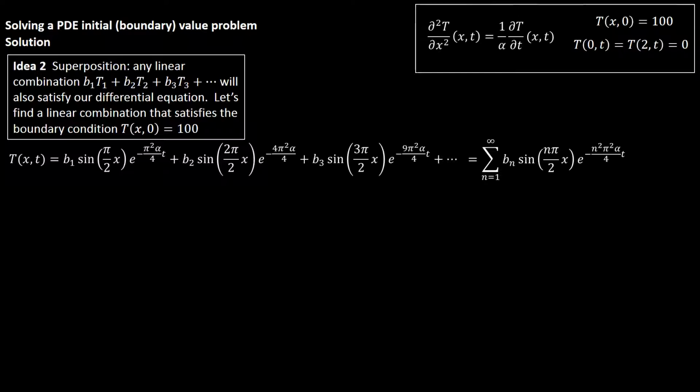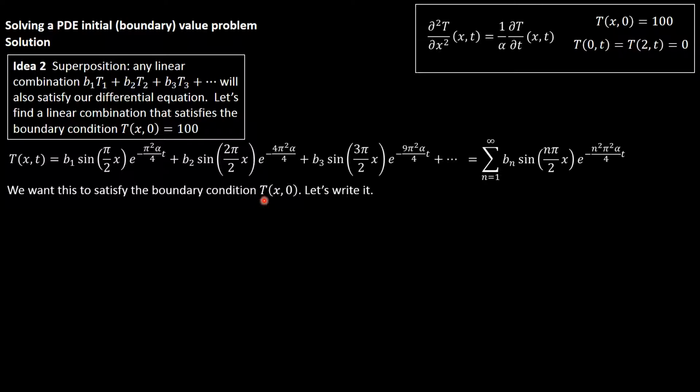Well, how does that work? First of all, let's take this whole sum and write it in summation notation: b sub n sine of n pi over 2 x times e to the negative n squared pi squared alpha over 4 t. What is b sub n?